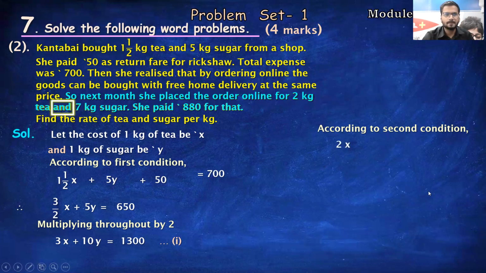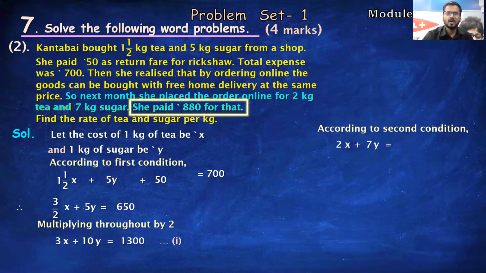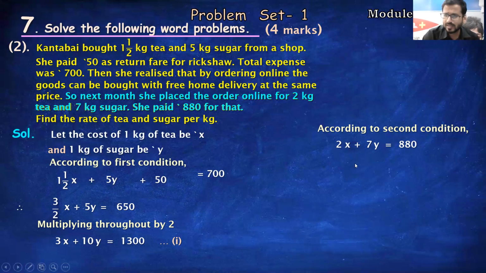So 2x and 7 kg of sugar. 1 kg of sugar is y, so 7 kg will be 7y, right? 7 into y, 7y is equal to how much she is paying in total? 880. So basically we have just equated the cost of sugar plus the cost of tea to the total. She is paying 880. That's what we have written. This is your second equation.